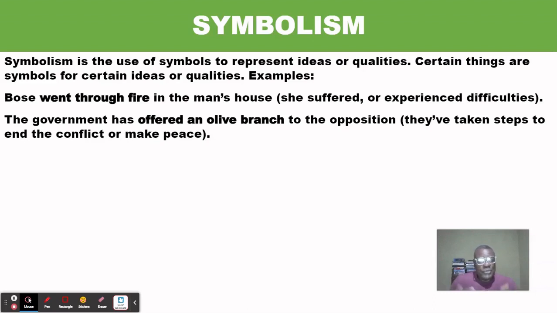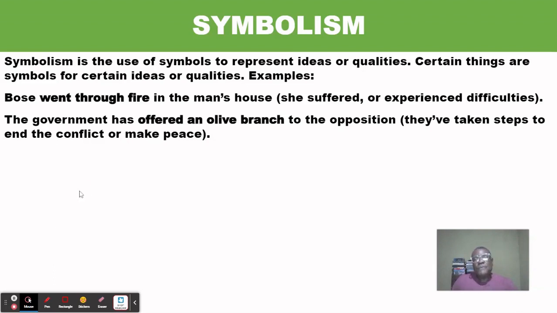When two countries are at war, or you have two armies warring with each other, and then one particular group comes up with an olive branch, it is a symbol that they have sued for peace. All right, so that is what it means. To offer an olive branch is to make peace.